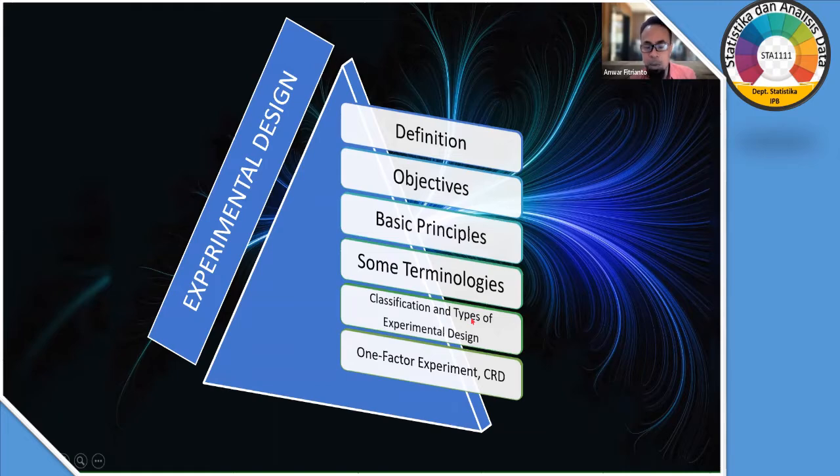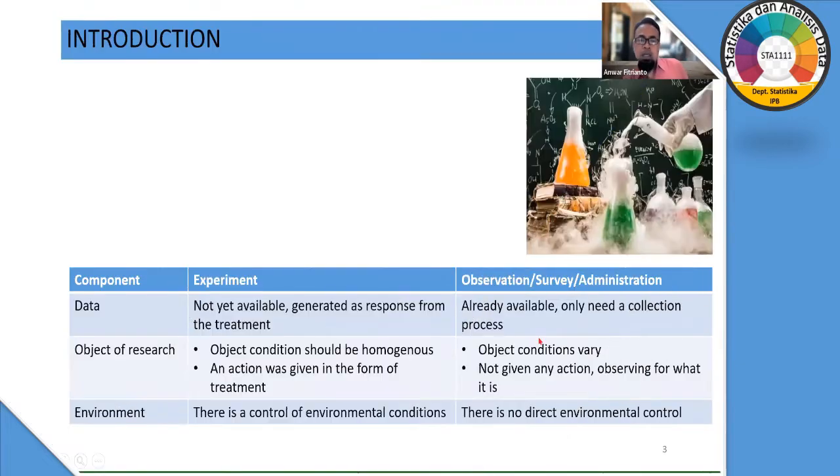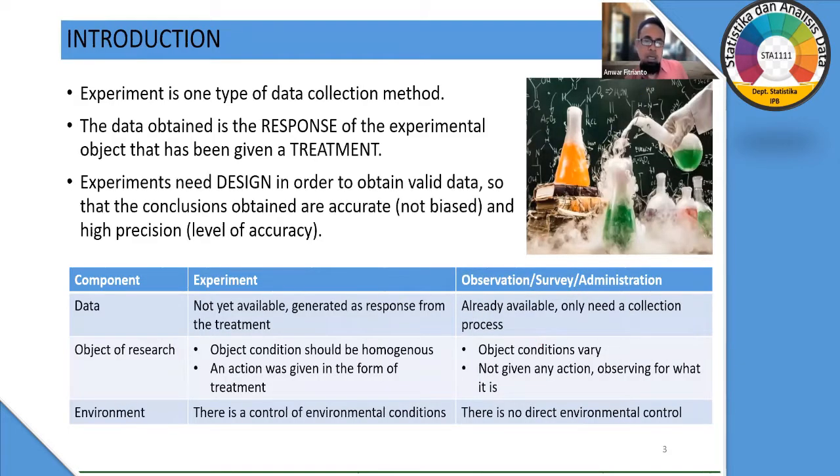We are also going to discuss a very simple kind of experimental design, that is a one-factor experiment in completely randomized design, or sometimes we call it CRD. Okay, so let's start with the introduction or definition.